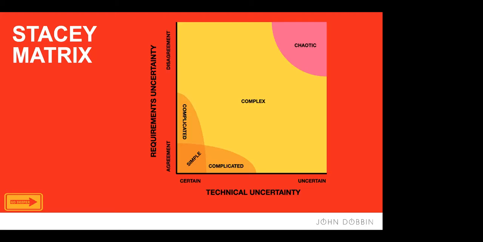But what he says is there's two dimensions to a project. The first dimension on the bottom is the technical uncertainty. So when we're dealing with hardware and software in terms of putting together a solution, are we certain about it? Is the technology that we're using well known? Do we know how to deploy it? Are we expert at it? Or is it uncertain?